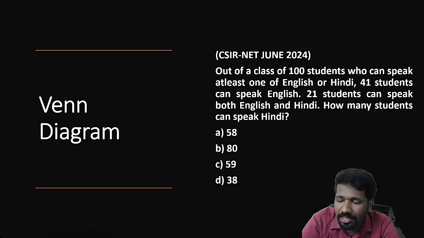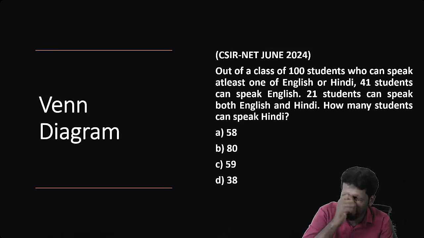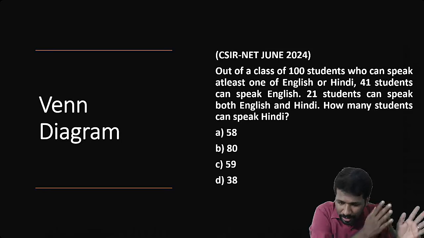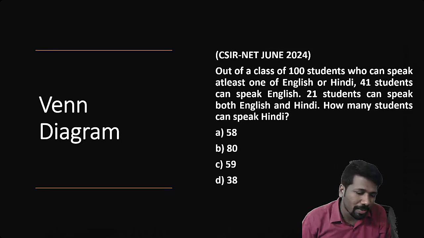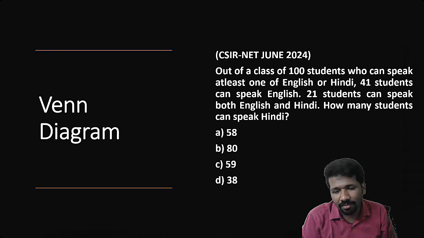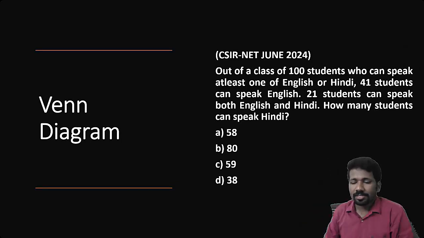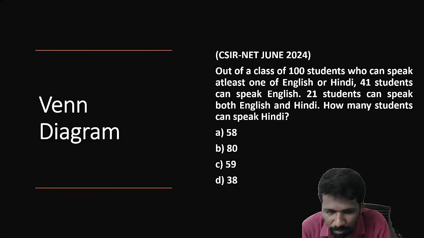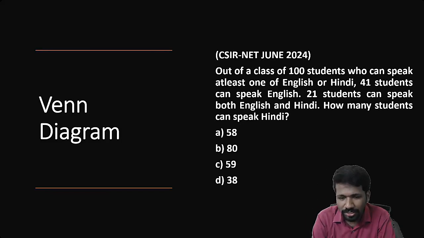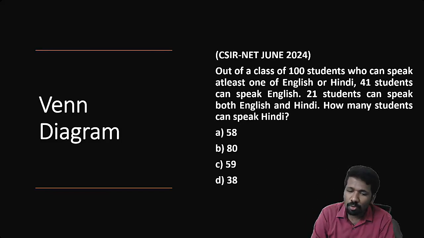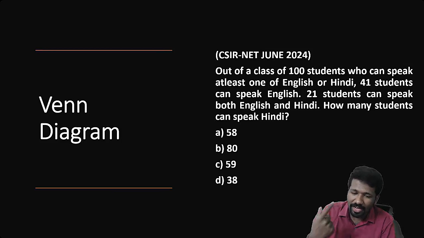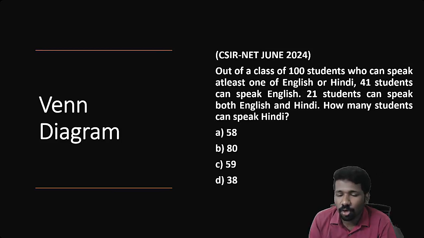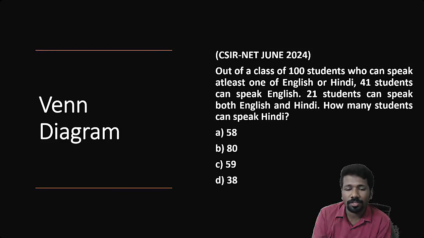As I told, I am teaching CSIR-NET aspirants for the last 12 years continuously for aptitude alone. That is why I exactly know in each exam what was asked more, what was not asked, when the new trend started, when these kinds of questions have started asking more. That is how the course is designed. So this is the tried and tested, trial and error course, or new version of the course.